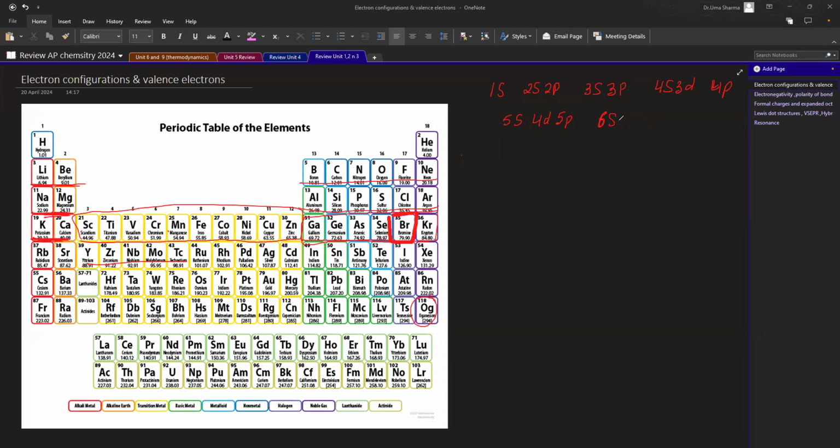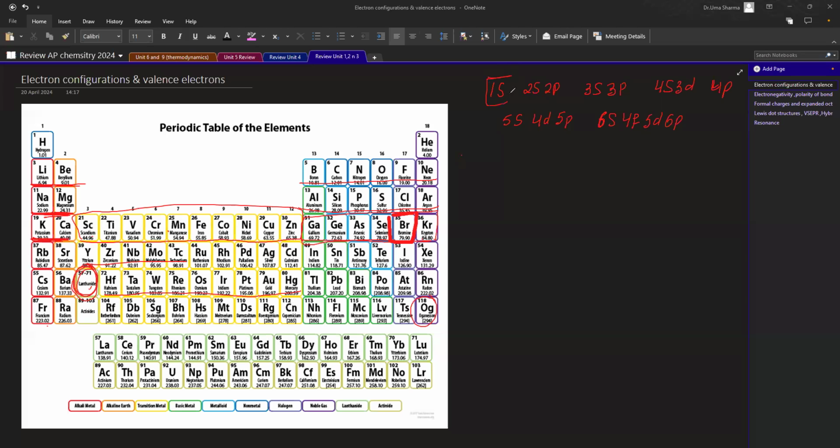Then after 6s, what is this? 4f, yes, 6s, 4f, and this one is 5d, and then 6p. Now, can you answer for the seventh period?